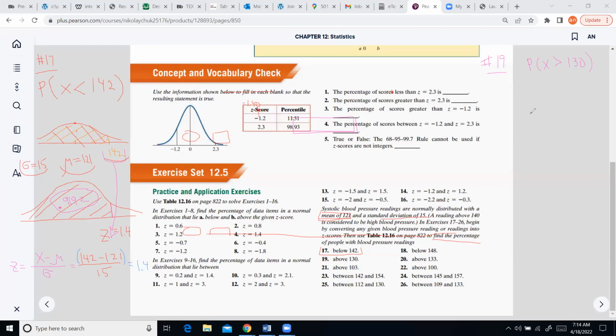So it looks like I can produce corresponding picture to it once again. And my mean is still here, 121. But number 130 is greater, so it is on the right side from this 121. And the area percentage or probability they want me to find will be to the right from that particular value of Z that I have to find corresponding to my number 130.